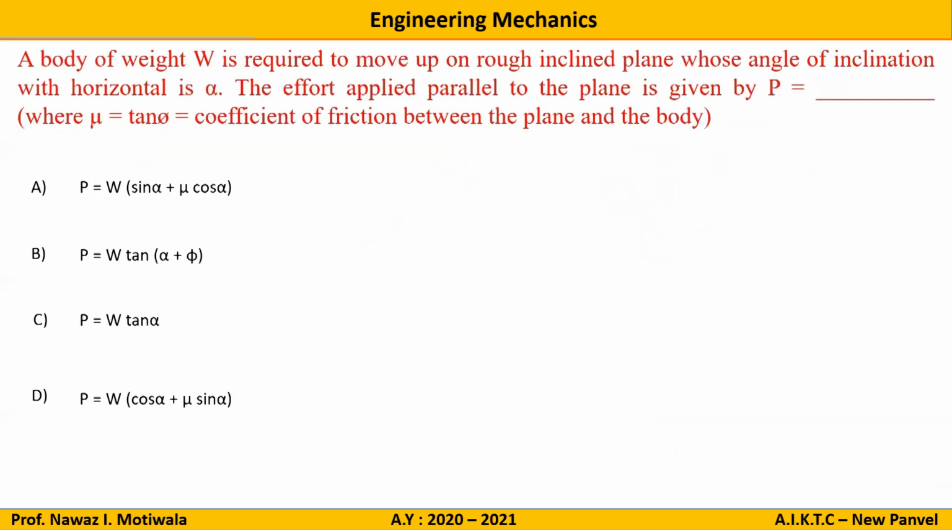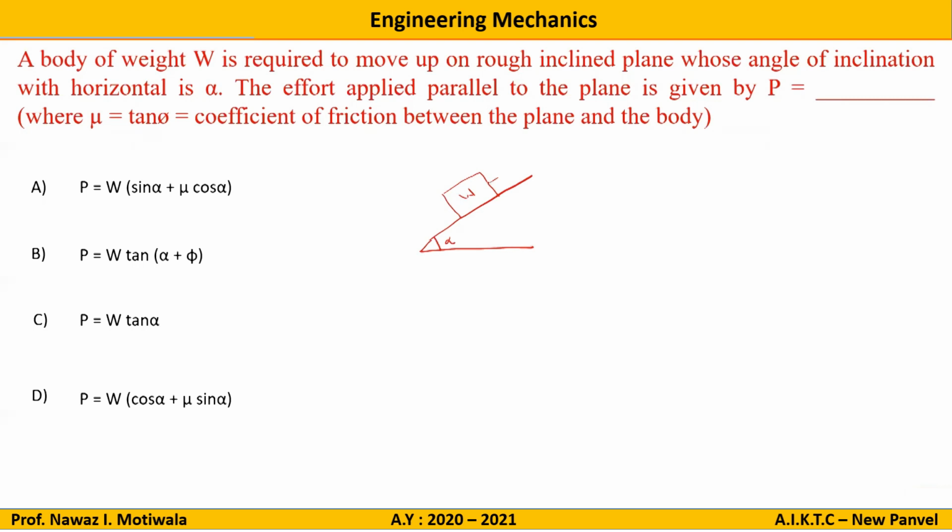Next question. A body of weight W is required to move up a rough inclined plane whose angle of inclination with the horizontal is alpha. So it is an almost similar problem but without values. There is an inclined plane with angle alpha given, and a body of weight W here.